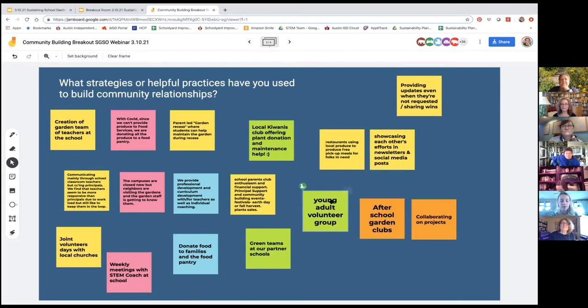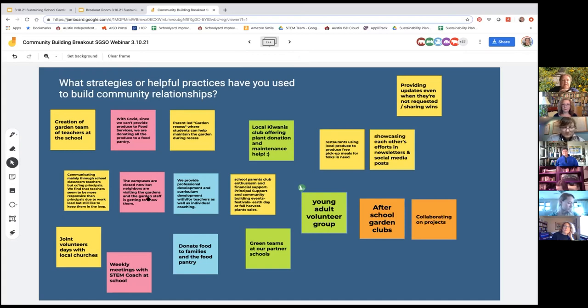Great. I think young adult volunteer groups is great, and this makes me think of Scouts here in Austin, who are pretty active in helping to get volunteers and raise money for school garden projects. School parents clubs, PTAs often have a school grounds committee, depending on the robustness of the PTA.